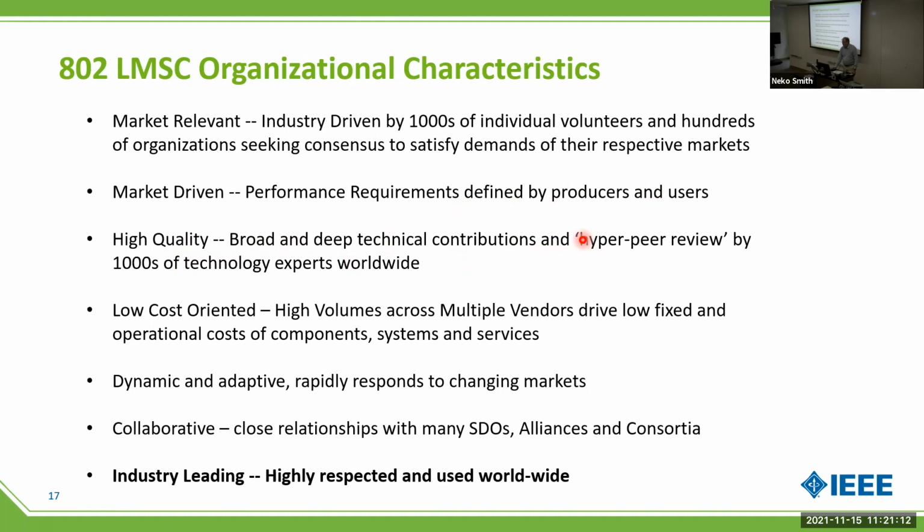As a result of the level of peer review, the quality of the document is extremely high, so any vendor can pick up an 802.11ax document, build their product to 802.11ax technical specifications, and it will interoperate. And we're constantly in a revision cycle too. If somebody finds something wrong in the document, we'll take that into consideration and revise it.